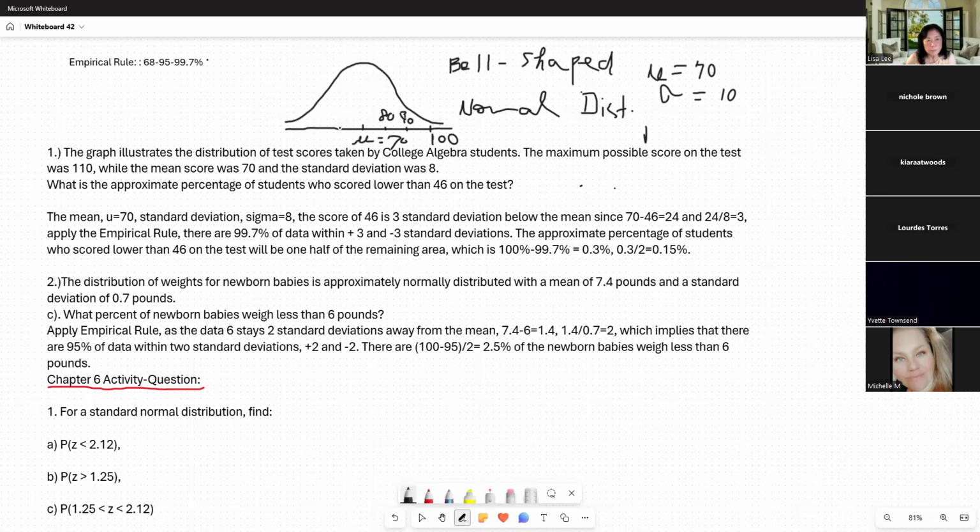The left-hand side is the same thing, 1, 2, 3. The left-hand side presents scores lower than the mean.